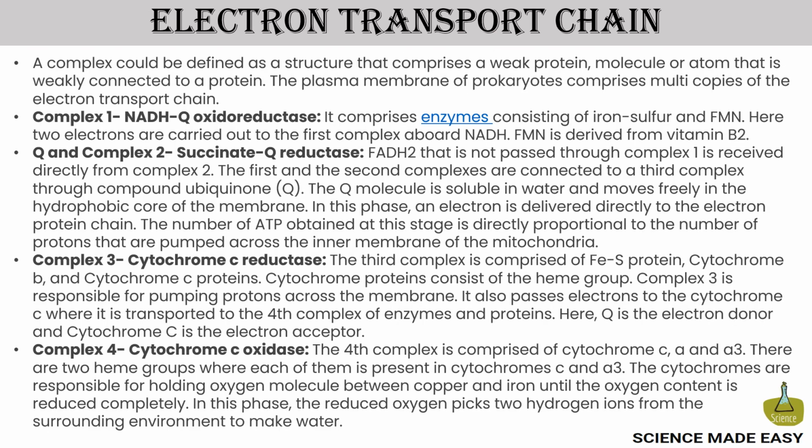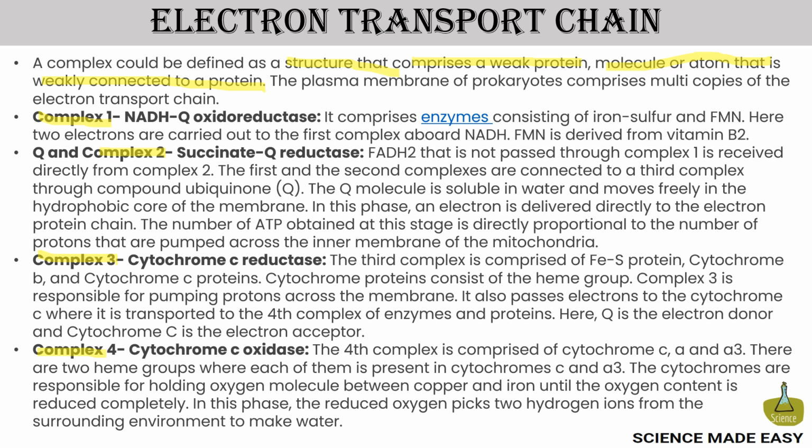So the electron transport chain includes a number of complexes, namely complex 1, complex 2, complex 3, and complex 4. Here, the word complex defines a structure that comprises a weak protein, molecule, or atom that is weakly connected to a protein.